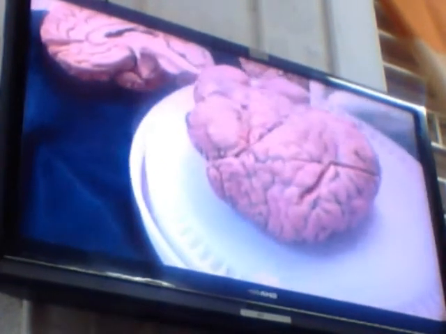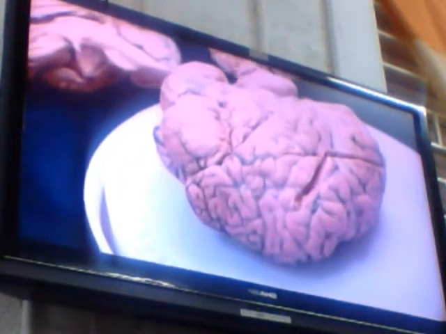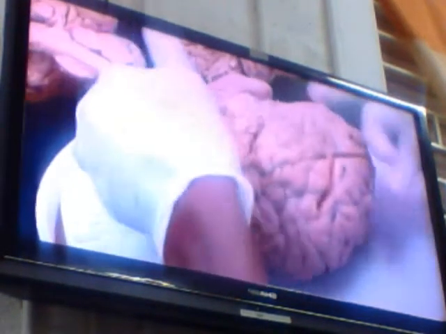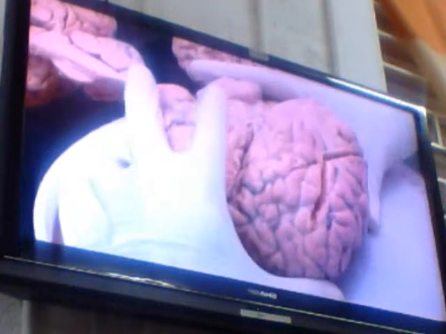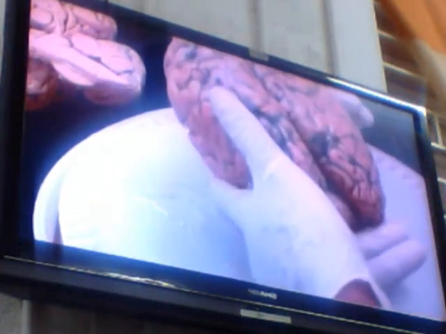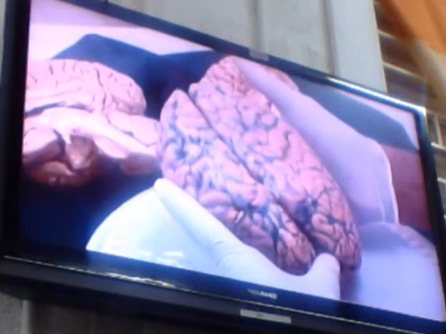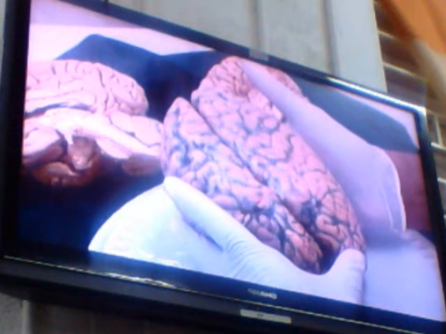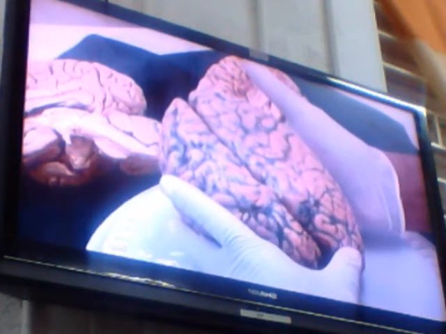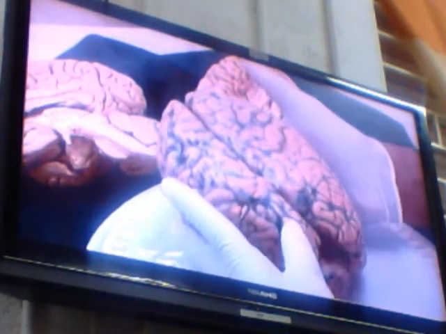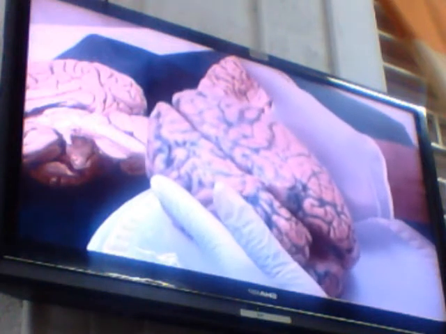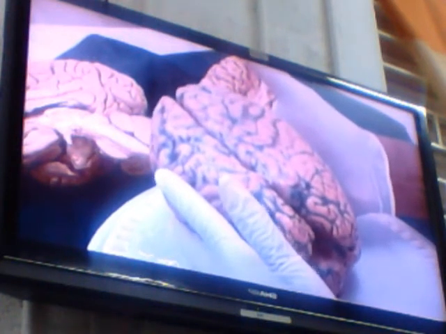Now here we have the brain, pretty big. You notice how the brain looks? One side is flat. This brain has had a hard time because it was not in a protected layer. It was not in a protected box.